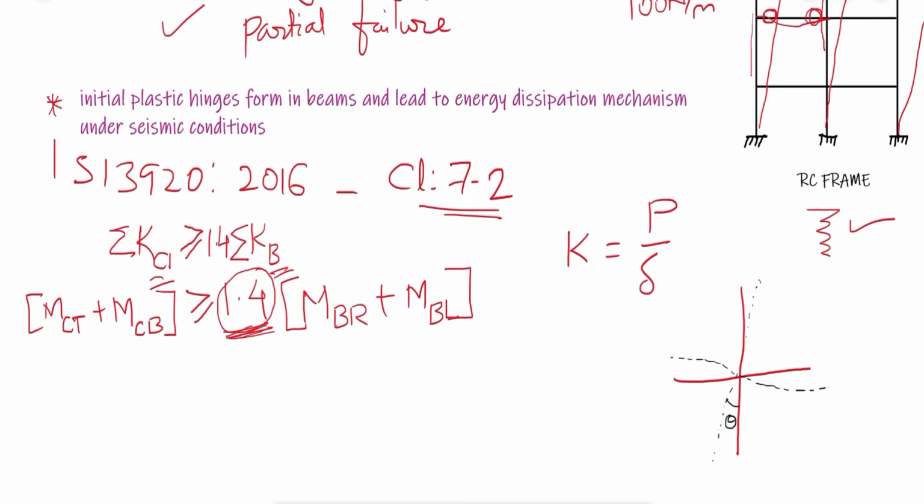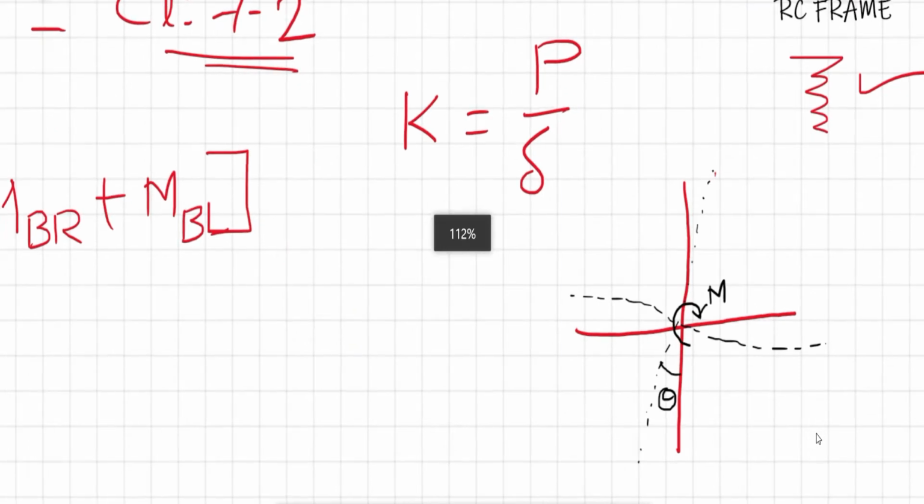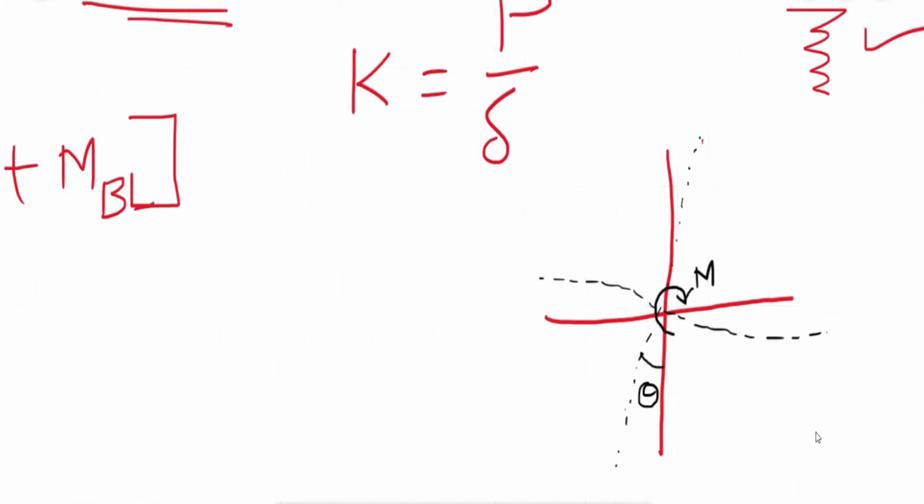I am only bothered about the rotation. When a certain moment is acting, that is, I consider a certain moment as M, then what happens? You have to notice that a deformation or a rotation of theta has appeared.